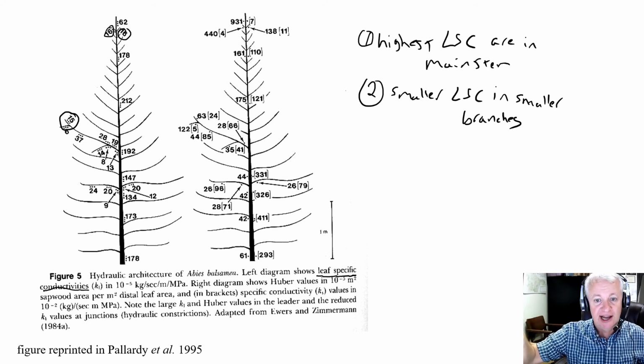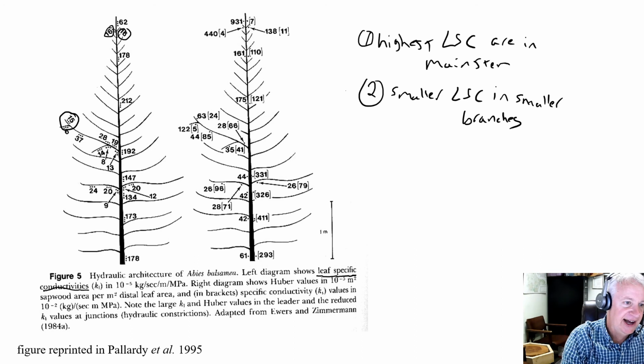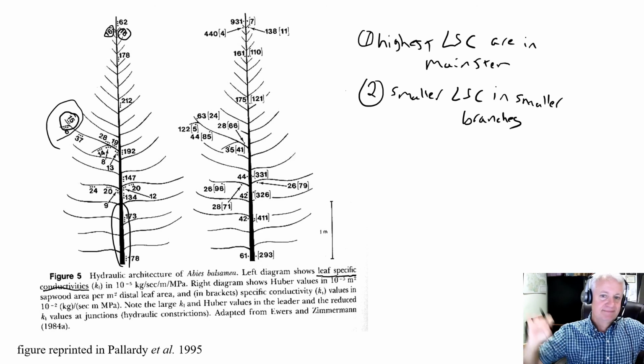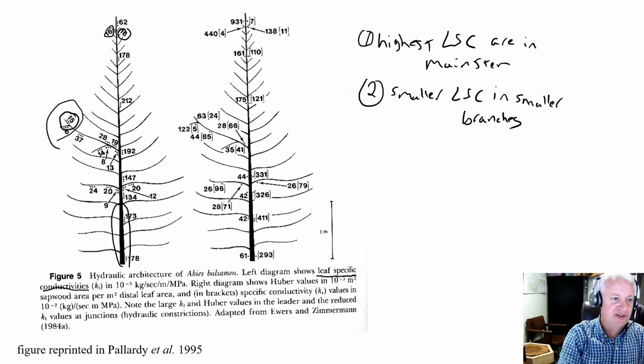And so if you lost segments of the xylem, it happened on external branches and not here in the main stem. So basically the tree can afford to lose little branches out at the end, but the tree can't afford to lose the main stem.